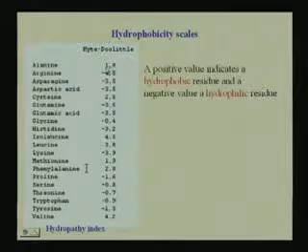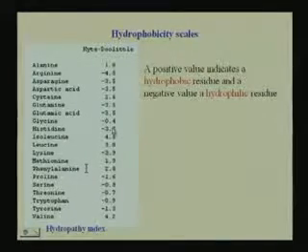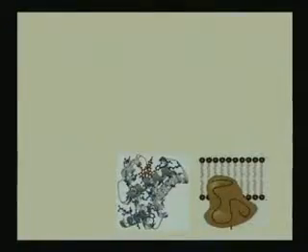Okay, and the ones that have positive values here are hydrophobic residues. Later on, we are going to see how this index actually helps us in determining which stretch of amino acids are on the surface of the protein and which stretch of amino acids are embedded in the center of the protein. Okay, so let's look at the structures of two proteins.